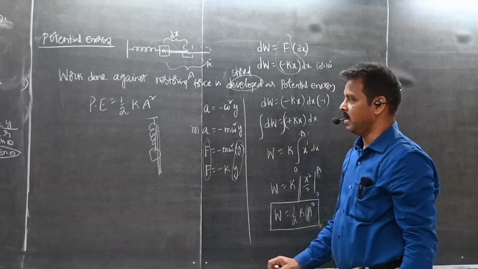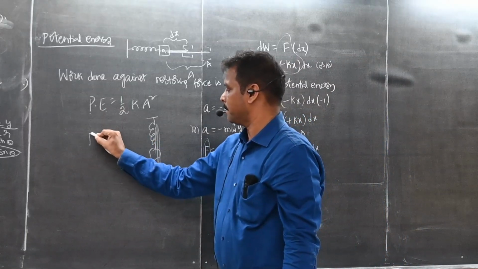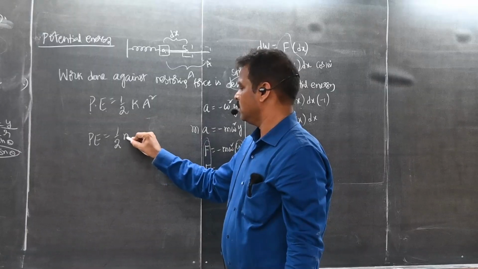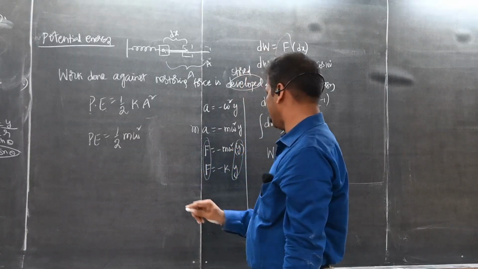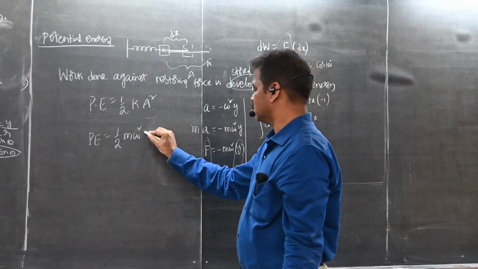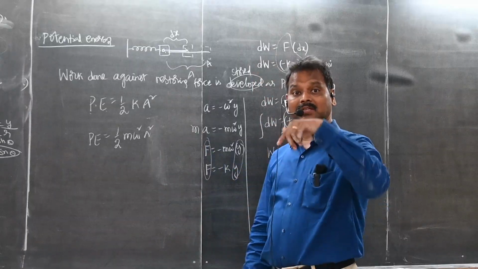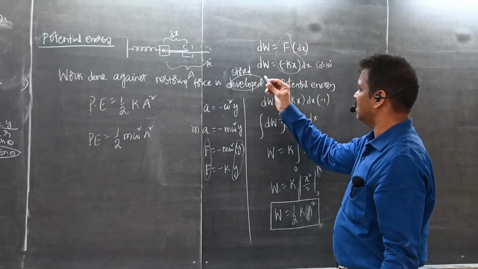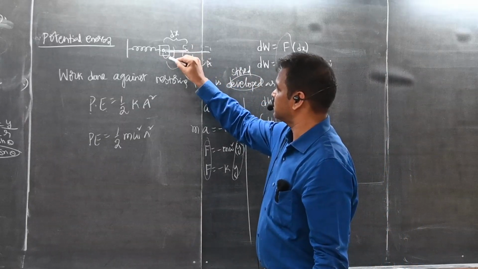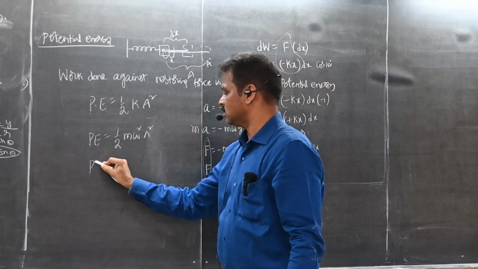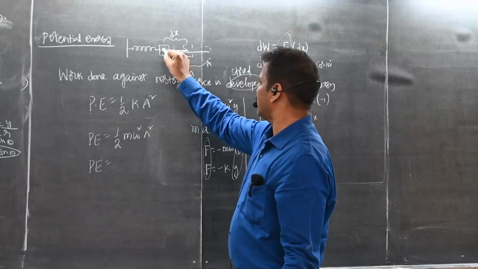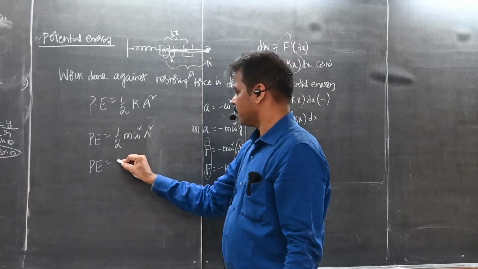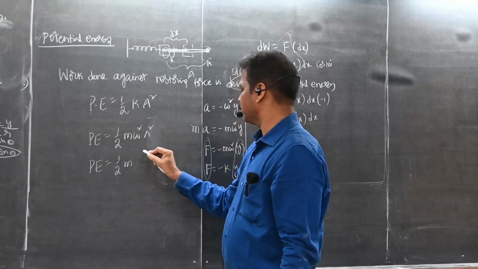k is m omega square. So what is the potential energy? Half m omega square a square is the maximum potential energy. But from here to here, for a small displacement, how will this formula change?